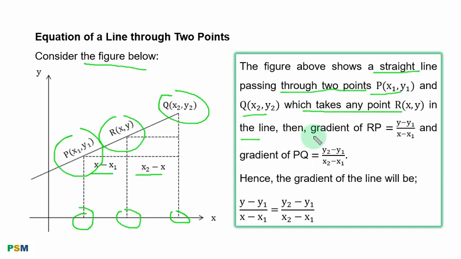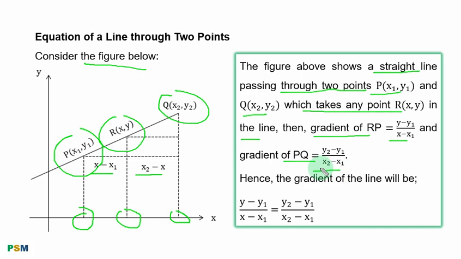Then the gradient of RP is y minus y1 over x minus x1, and the gradient of PQ, the entire line, is y2 minus y1 over x2 minus x1.